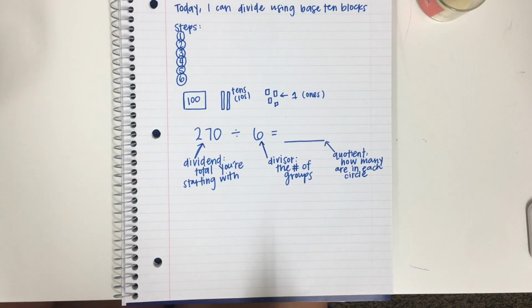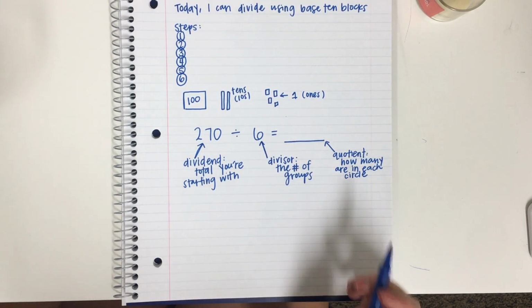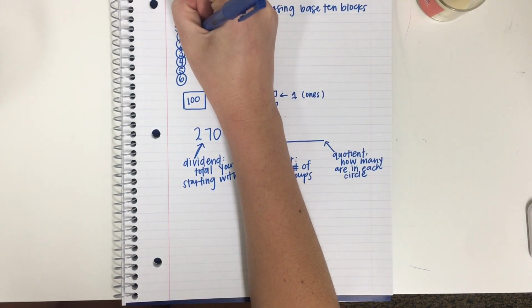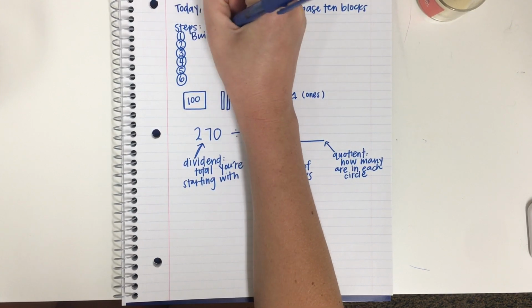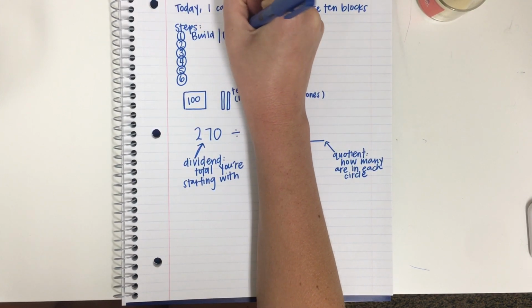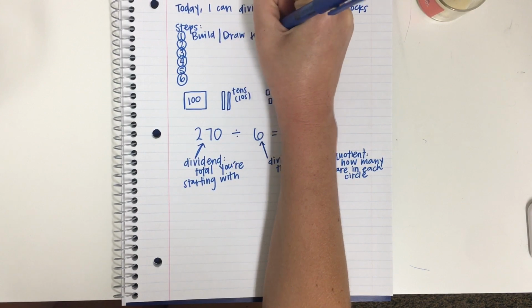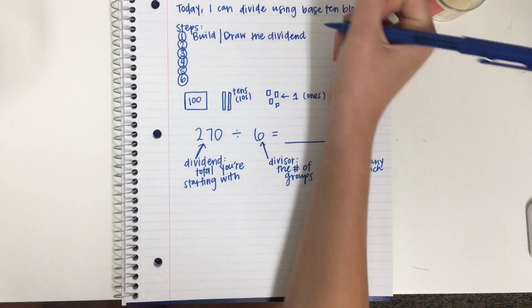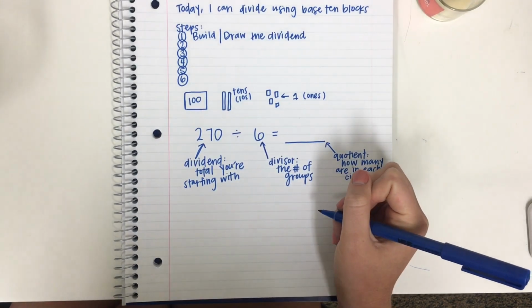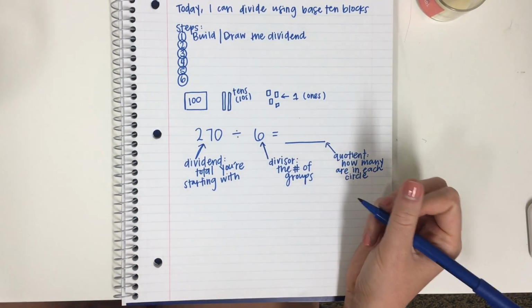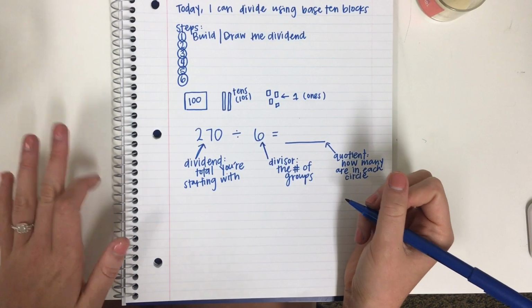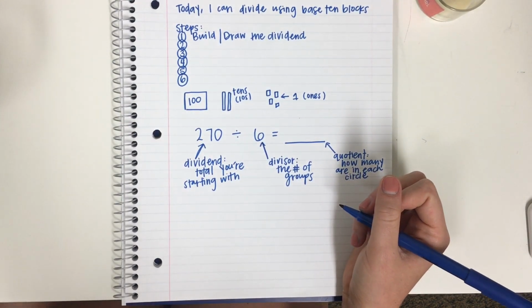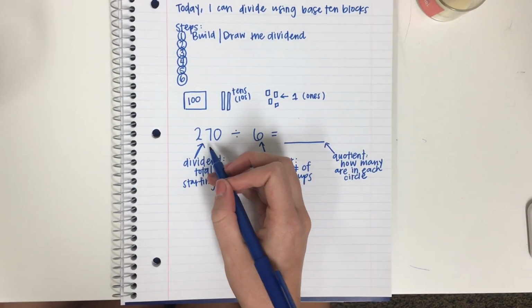So here we go. Here's our problem. Step 1, build or draw the dividend. We need to draw our dividend using base 10 blocks. We have to start with our highest number because we don't want to draw 270 ones.